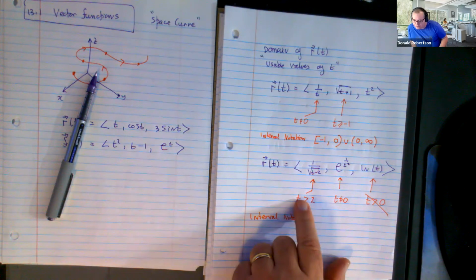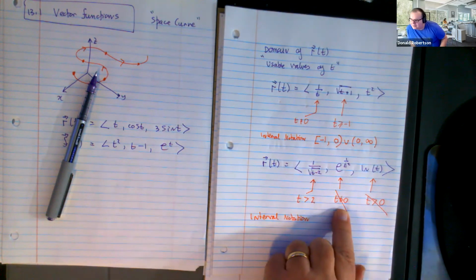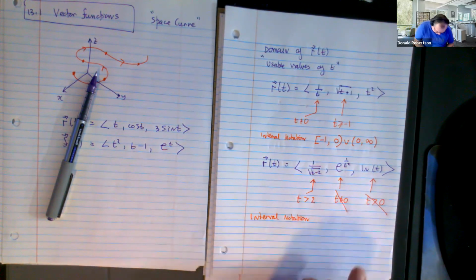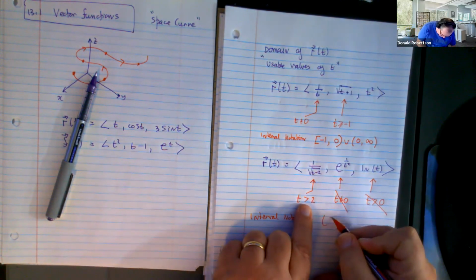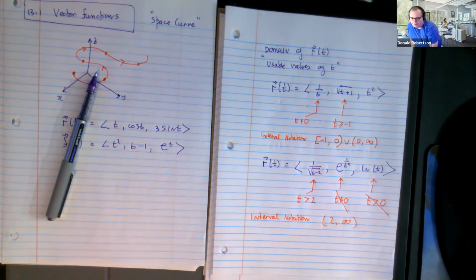Well, if it's greater than 2, it won't be 0. So doesn't it get superseded again? So you see in this example, although there were 3 restrictions, didn't this one pretty much supersede all the others? And so the interval of the domain is the interval 2 to infinity. Don't use 2. Does that make sense that sometimes the restriction doesn't matter because something else takes care of it?